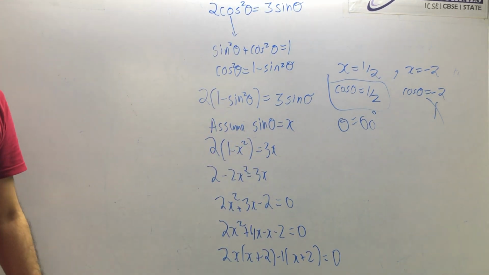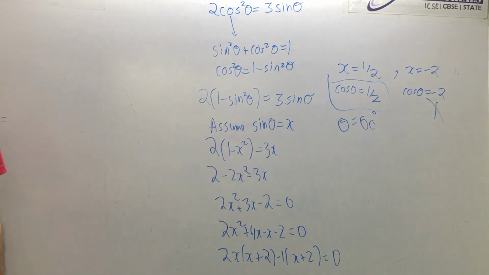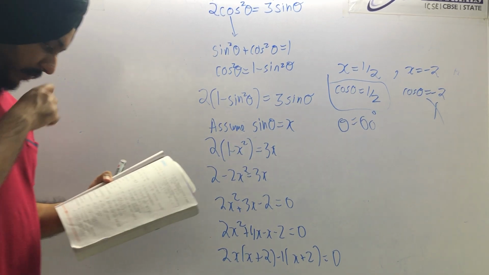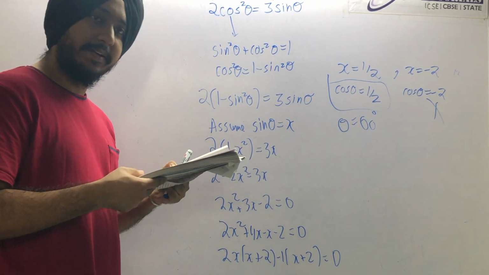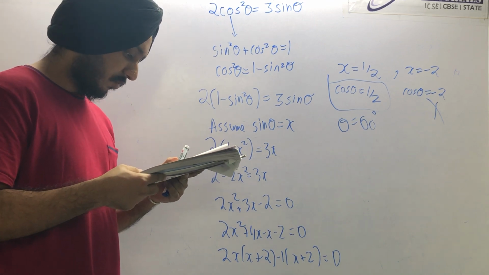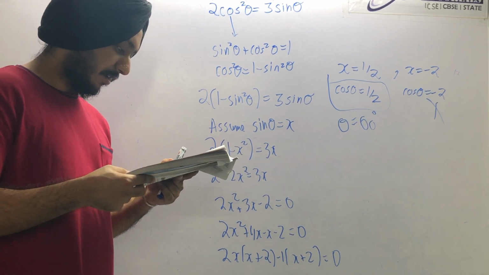Okay. Let's go forward. 8th question is, find acute angle theta such that 5 tan square theta plus 3 is equal to sec theta.